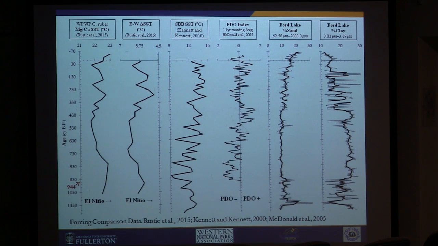And that is the data from that with our Ford Lake sand and clay. So we've got sea surface temperatures all here and our PDO here. Down here, when the lines for the two sea surface temperatures are more to the right on their graph, then that's El Nino conditions, warmer sea waters.